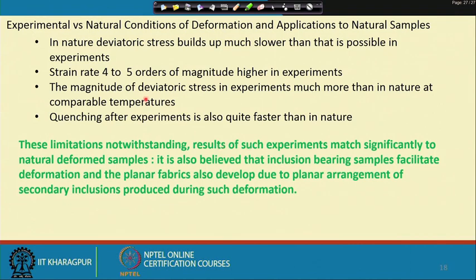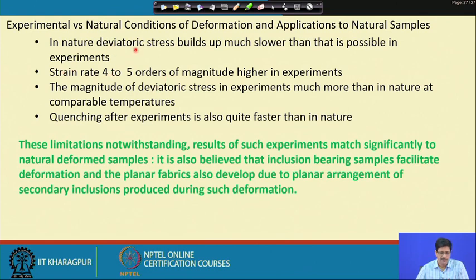While extrapolating the results of such experiments to natural conditions, there are certain points which should be kept in mind. The deviatoric stress applied in these experiments is built up much faster than what generally happens in nature, where the process operates much slower, and such slow build-up of deviatoric stress possibly cannot be done in an experiment, and that would definitely give rise to some difference between what we observe in the experimental run products and in natural inclusions.